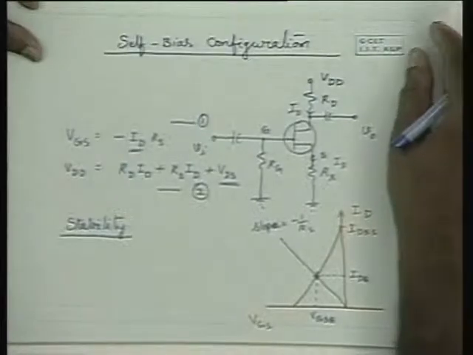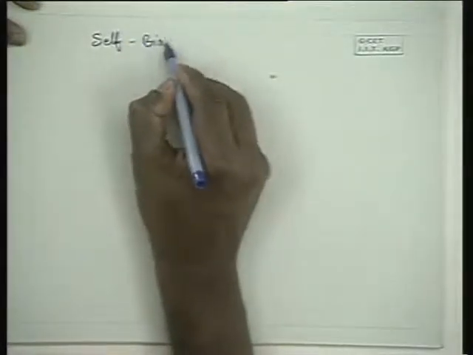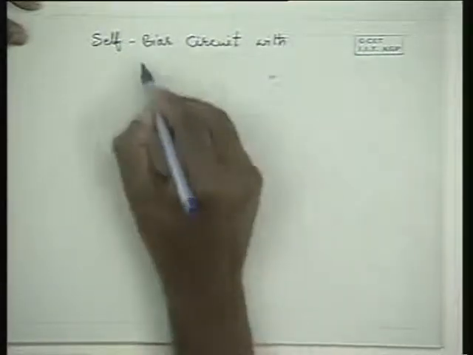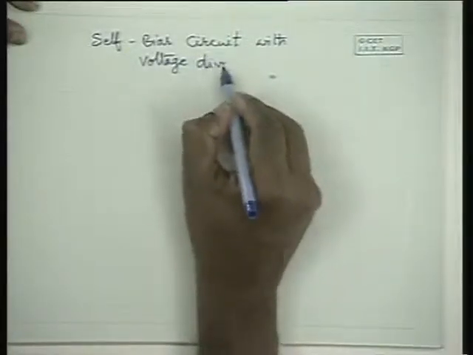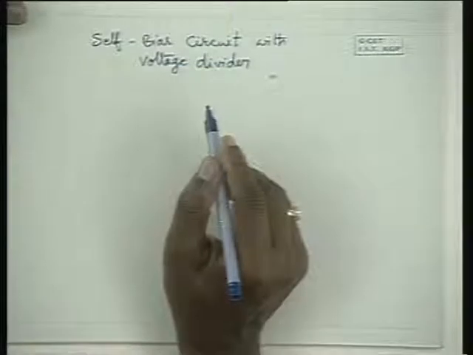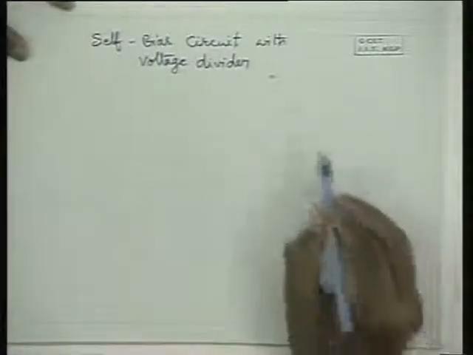Now this can be further improved with a voltage divider bias. The stability of the circuit can be further improved to some extent with voltage divider bias. It is also known as voltage divider biasing circuit, but actually it is a self bias circuit with a voltage divider included in it.